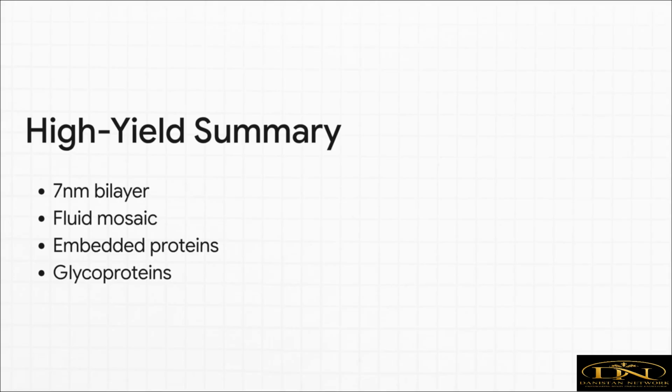Number 4, freeze fracturing physically proves the existence of our protein mosaic. Number 5, intrinsic transmembrane proteins act as highly vital transport pores. And number 6, the outer surface acts as a cellular ID forest made of glycoproteins and glycolipids. Make sure you memorize these 6 fundamental pillars of cellular architecture.